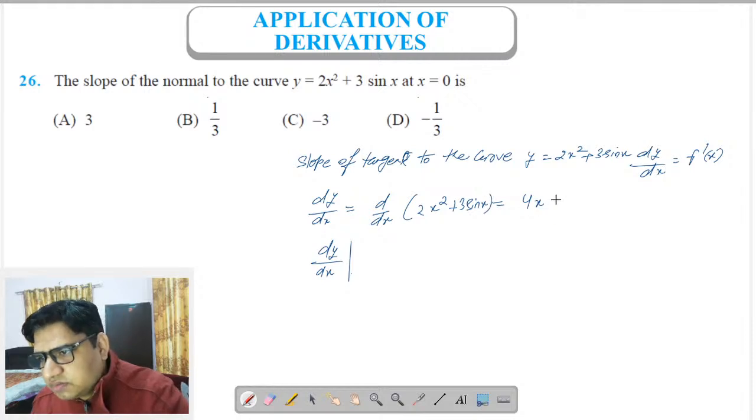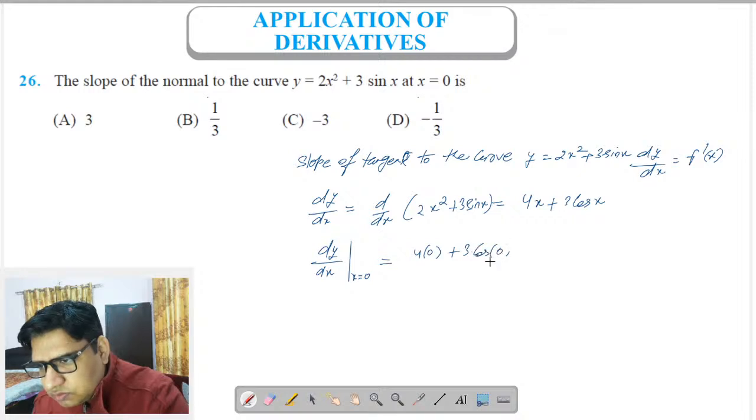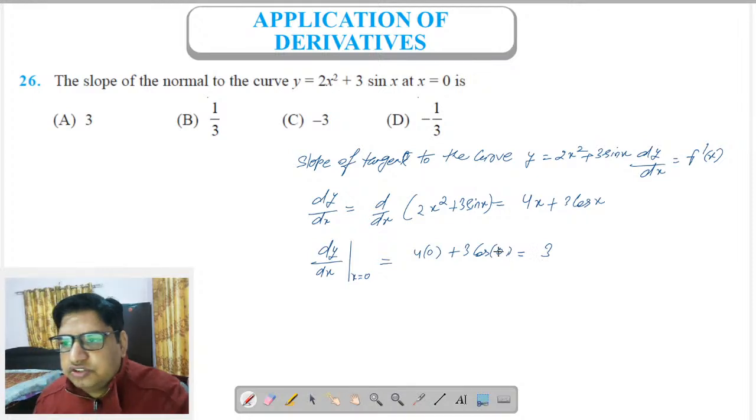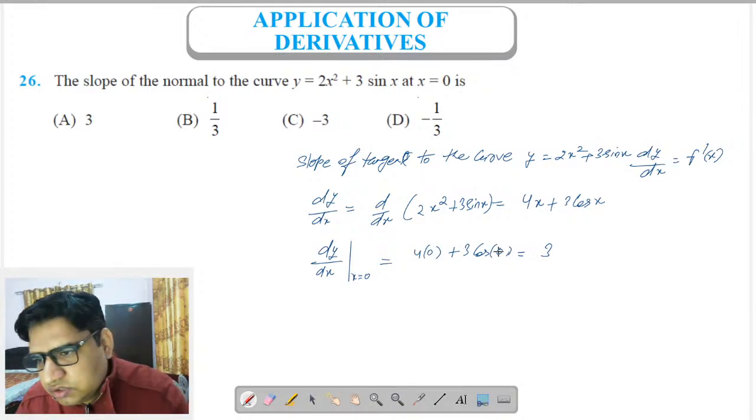So 4x plus 3 cos x, and dy by dx at x is equal to 0 will be 4 into 0 plus 3 cos 0, and cos 0 is 1, so that will be 3 only. So dy by dx at x is equal to 0 is 3.